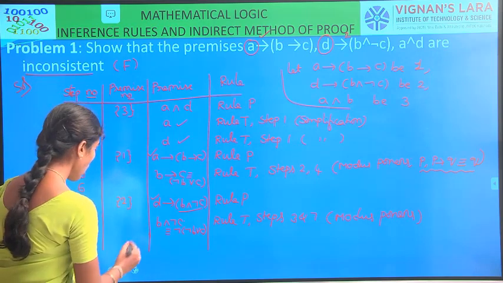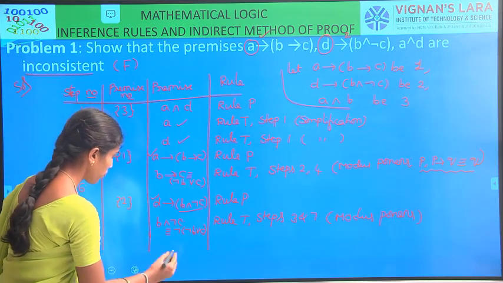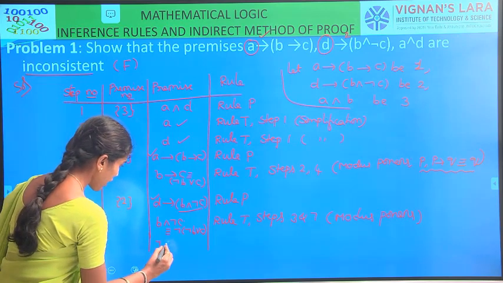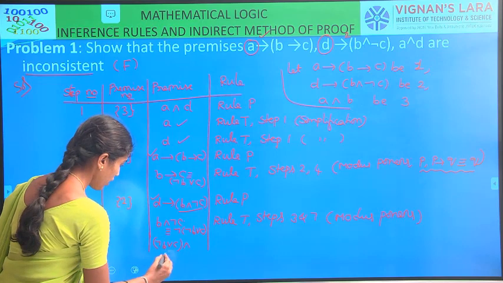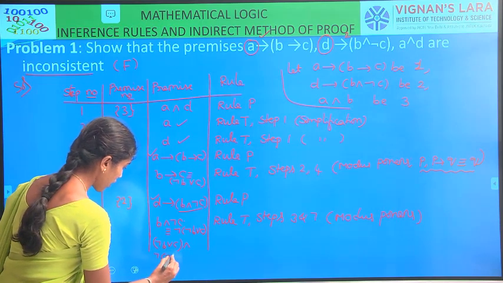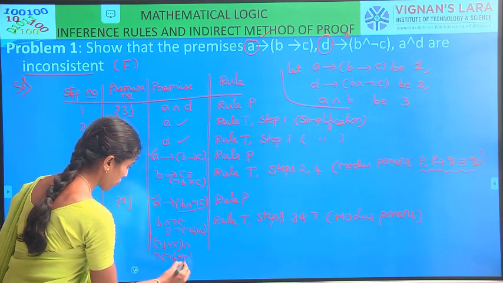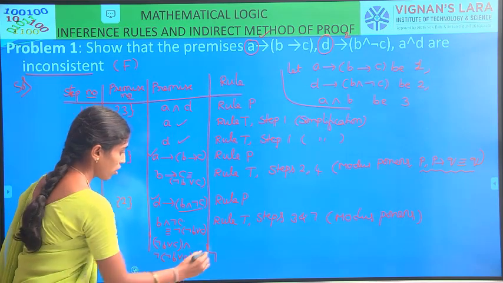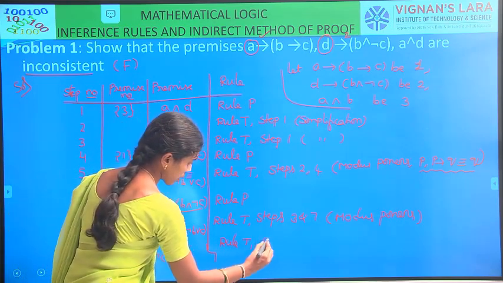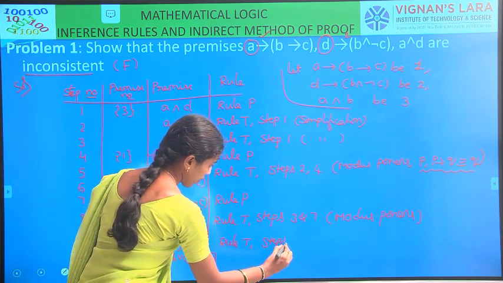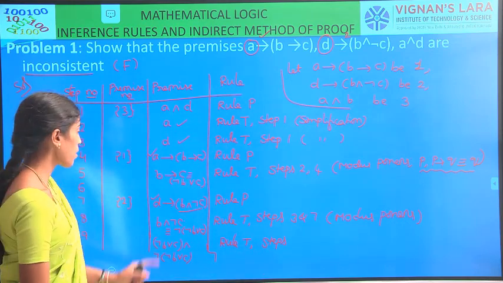Now in step number 9, we have negation B or C and negation of negation B or C. Here we are using the derivation part, meaning previously derived premises. What are the premises?